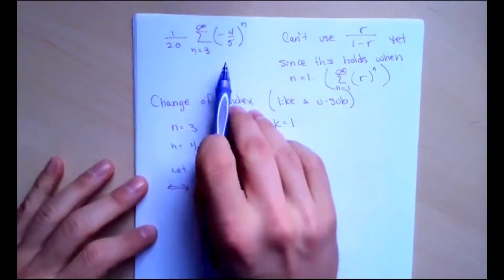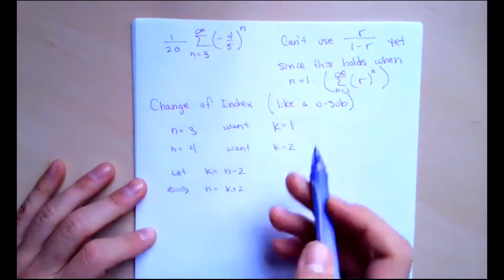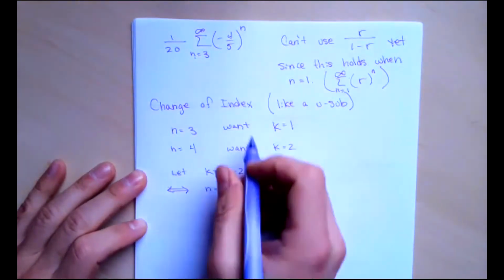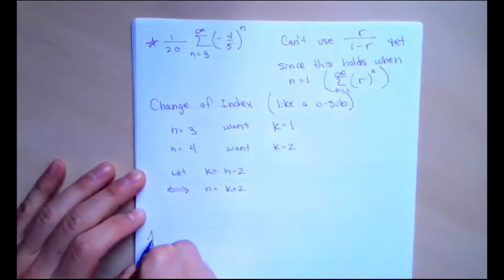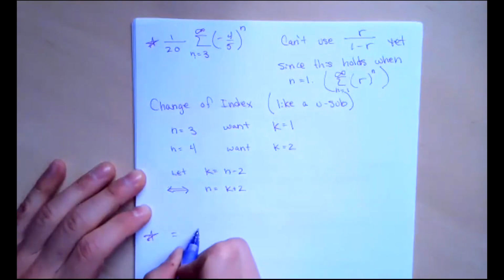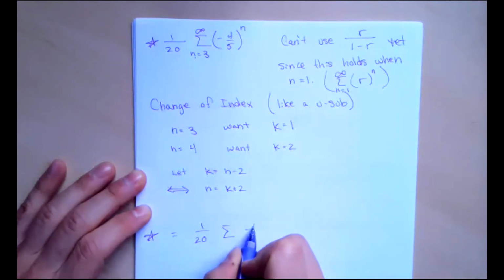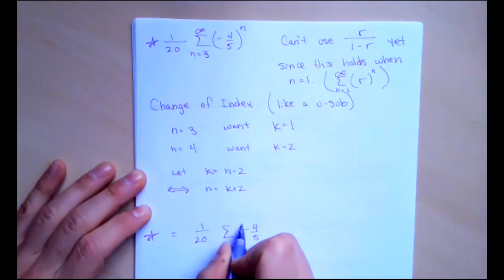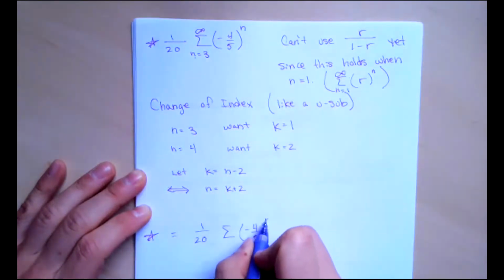Just like we did with our integrals, we're now going to change the variable on our sums. What does our sum become? Let me label that as star. Star is going to now equal, the constant's still going to hang out, we're still going to have a minus 4/5 to the n, but n is now k plus 2.